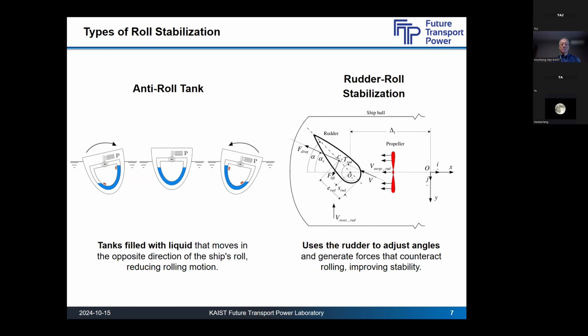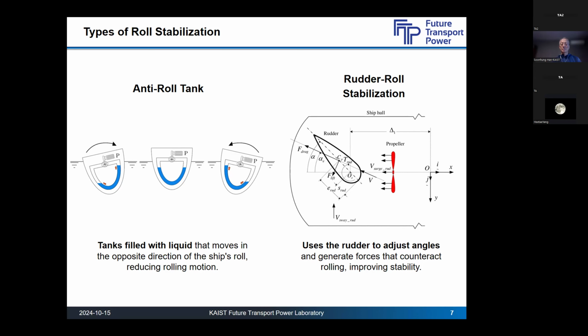And the next one is the anti-roll tank. The anti-roll tank is a tank filled with liquid or water, and this water moves in the opposite direction of the ship's roll. As you see, when the ship rolls clockwise, the liquid moves to the right, and if the ship rolls anti-clockwise, the water moves to the left side.